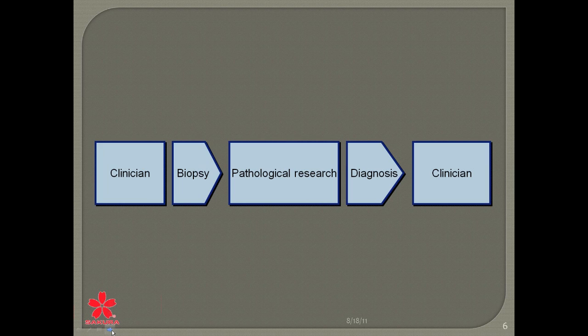When patients come to a hospital, they come to the clinician. Most of the time the clinician takes a biopsy, and we do some pathological research, we give a diagnosis, and we go back to the clinician. And what's pathological research? Well, we always divide it into some groups. First we register the biopsy, where we check the birth date of the patient, his patient recognition number, names and so forth.